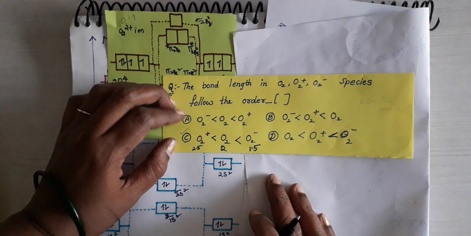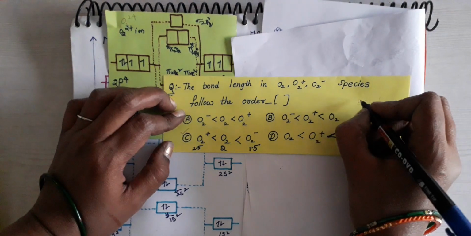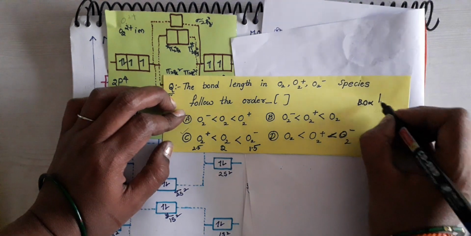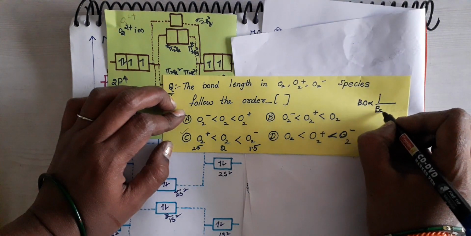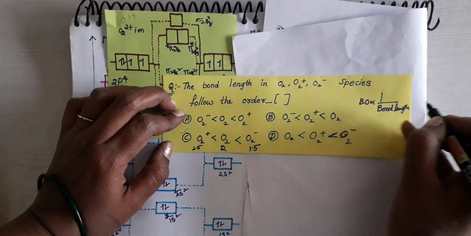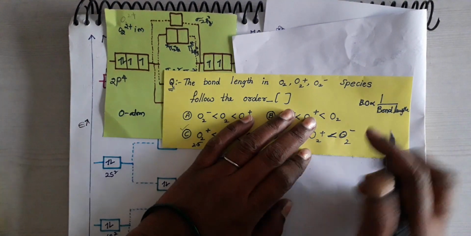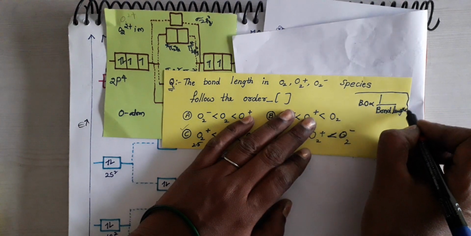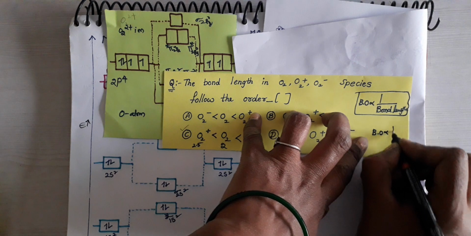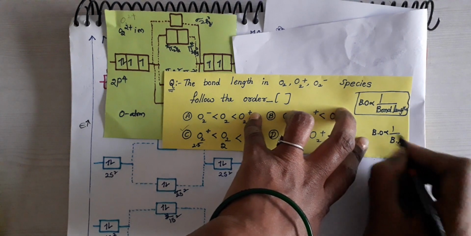One more piece of information here: bond order is inversely proportional to bond length. You must remember this relation. It is also one trick, like you write here: BO is inversely proportional to BL.